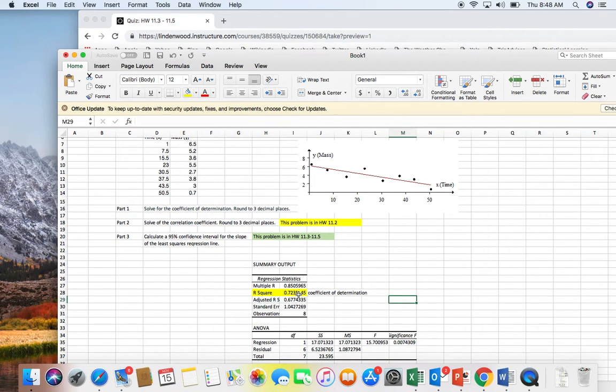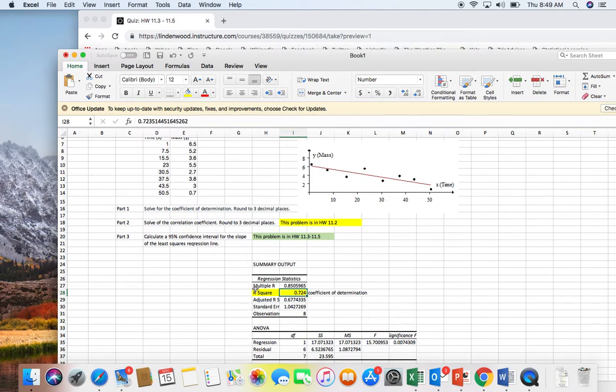And what this tells us is that 72% of the variation in the values of mass are explained by the explanatory variable time. I would reference you to the notes for further explanation. So your answer for part one, you would plug in 0.724.